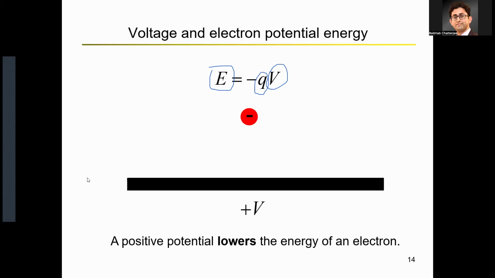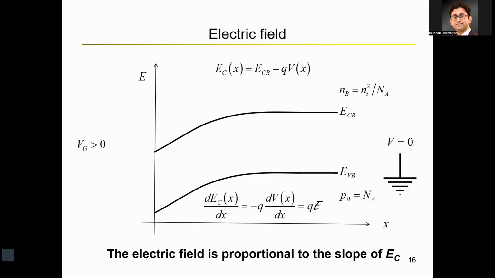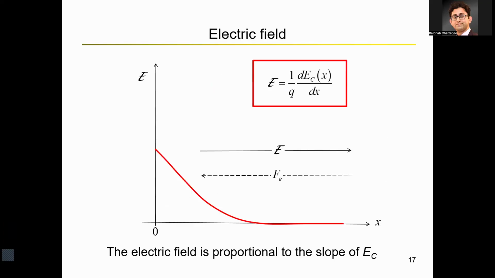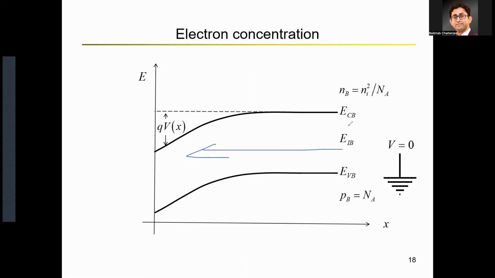Again, think about it intuitively: you apply a positive voltage at the gate, which is further to the left-hand side. If you apply a positive voltage at the gate, you are going to attract electrons from this side, whatever electrons are on the far right-hand side. That's all we are talking about. Everything is intuitive.